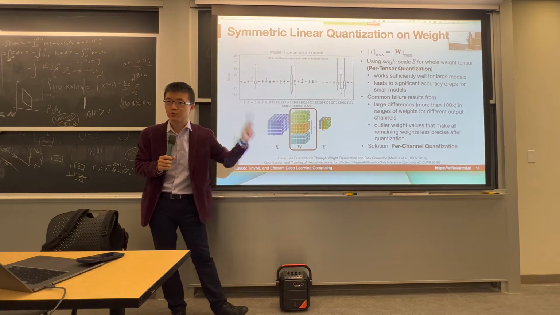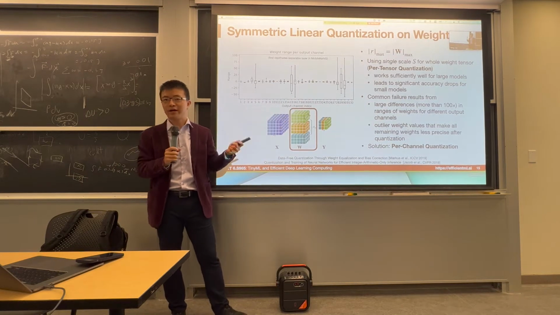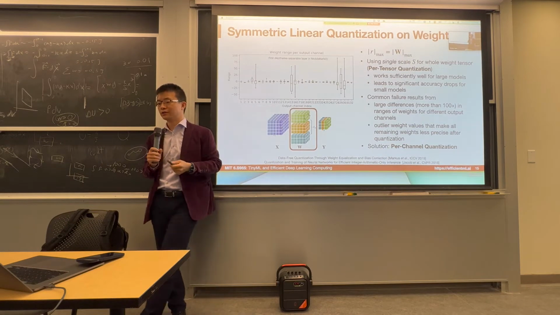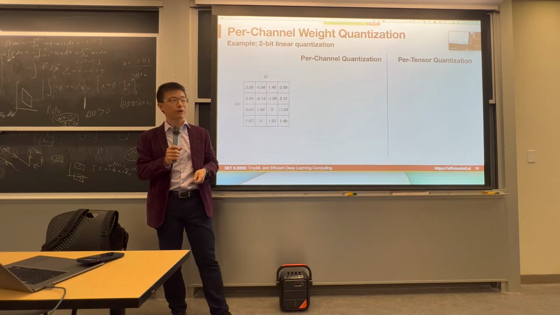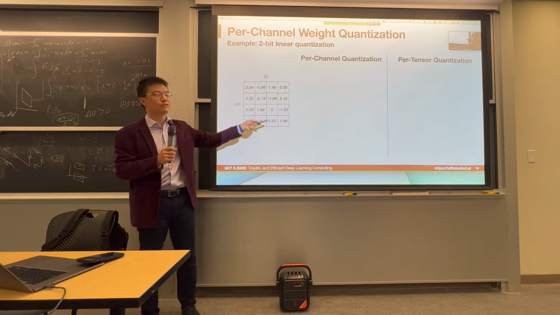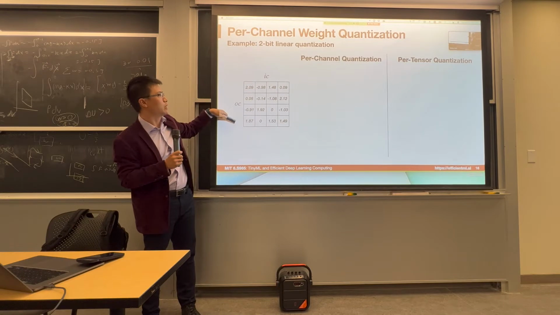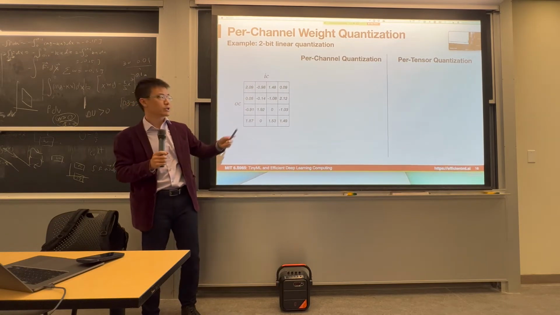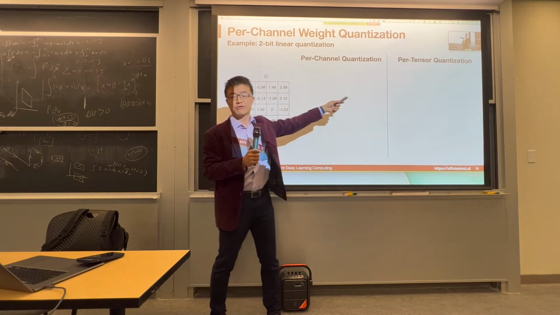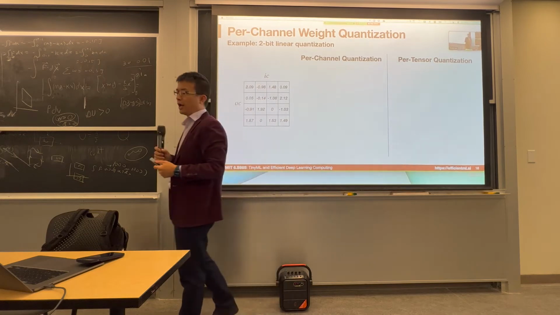We give a specific scaling factor and bias for different channels. So let's see an example with our familiar 4x4 matrix. This is the input channel dimension, this is the output channel dimension. We are comparing per channel quantization versus per tensor quantization.